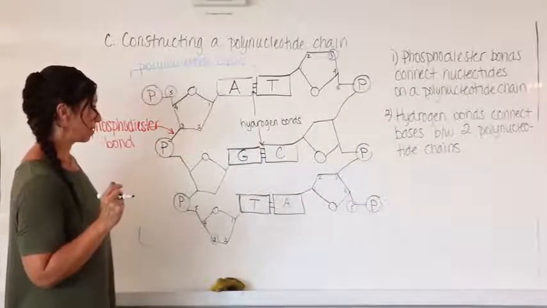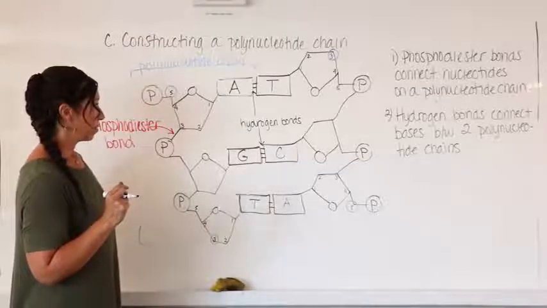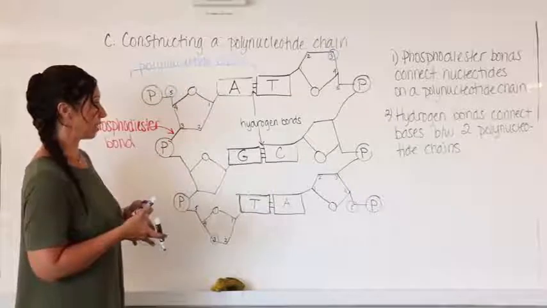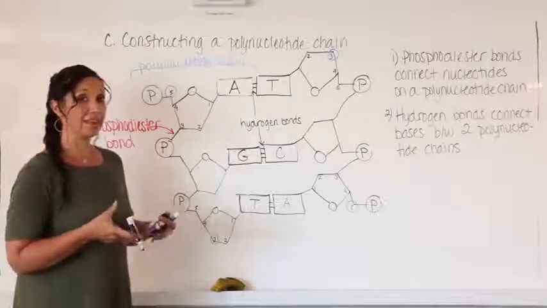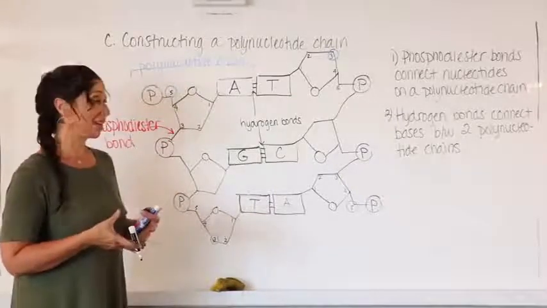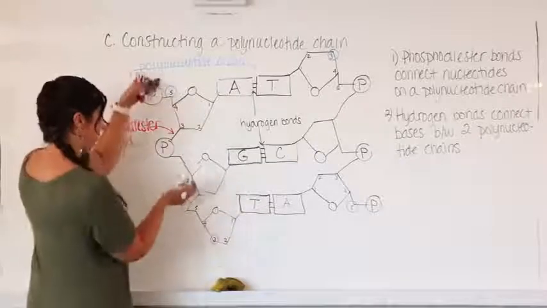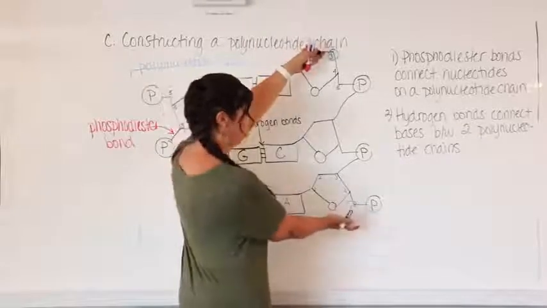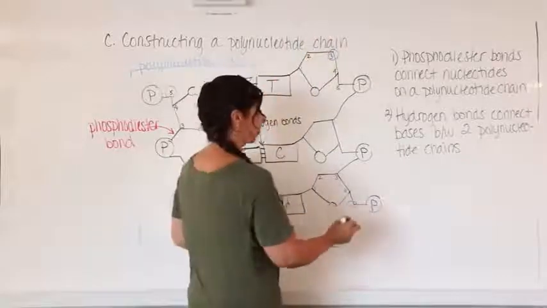And lastly, in order for 2 polynucleotide chains to be together in DNA, the polynucleotide chains are anti-parallel, meaning you have a 5' to 3' direction on one side and a 3' to 5' direction on the other side.